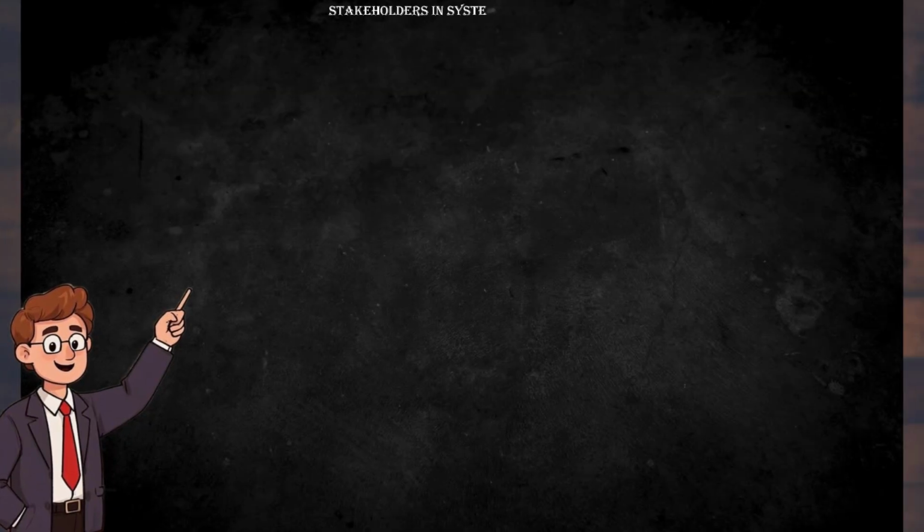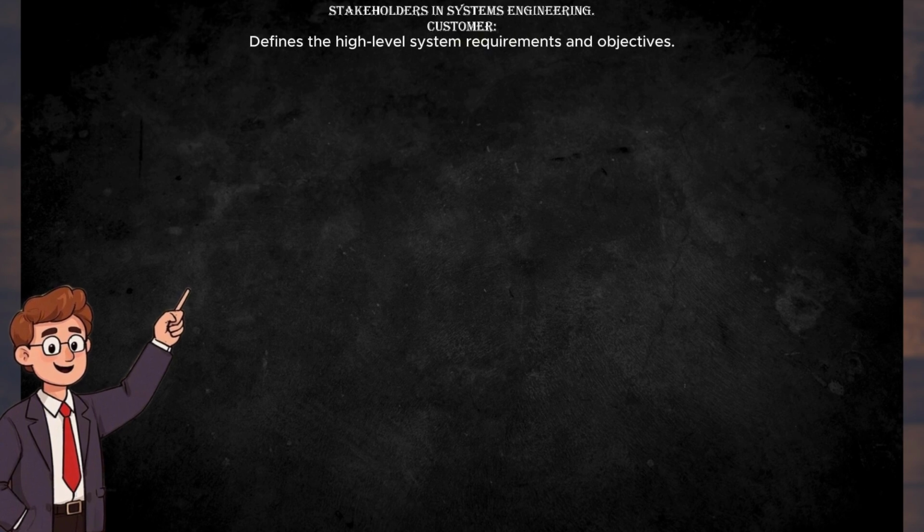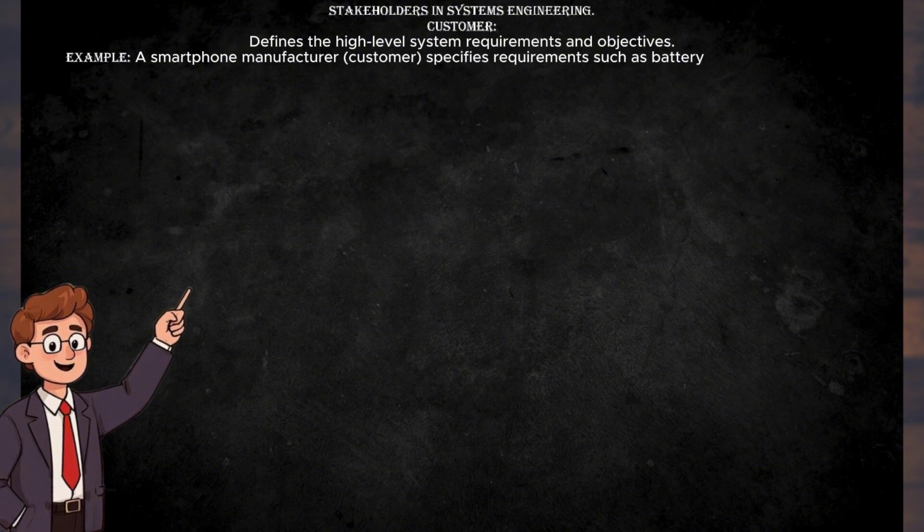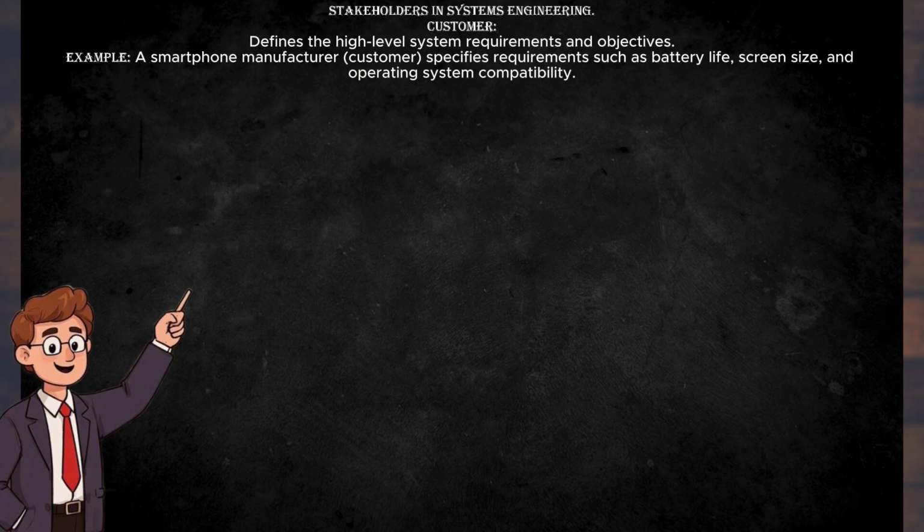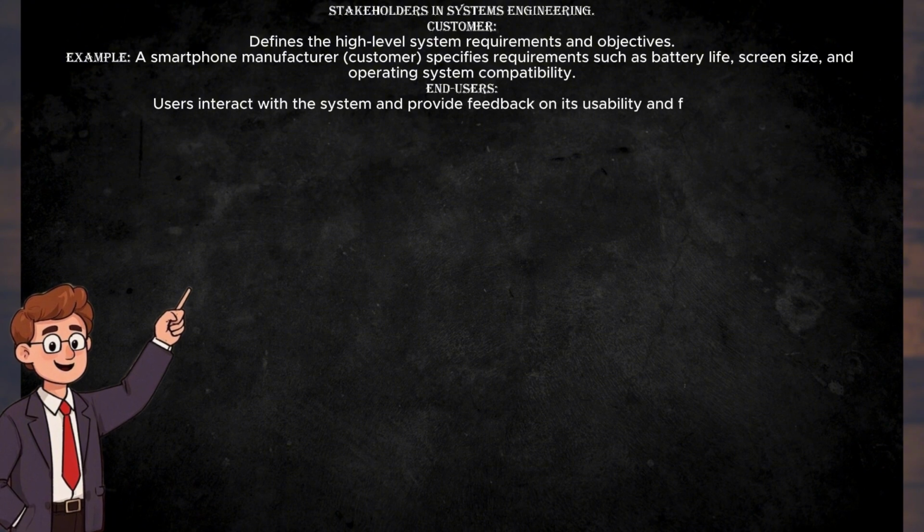Stakeholders in systems engineering. Customer, defines the high-level system requirements and objectives. Example, a smartphone manufacturer, customer, specifies requirements such as battery life, screen size, and operating system compatibility. End users. Users interact with the system and provide feedback on its usability and functionality.